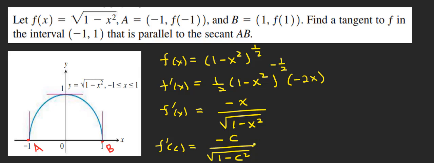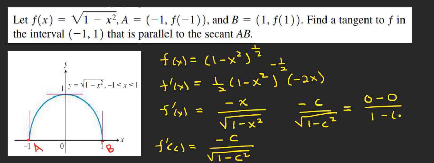And using the mean value theorem, negative c over radical 1 minus c squared is equal to f of b, which is going to be 0, minus f of a, which is also 0, over 1 minus negative 1, because our a was negative 1 and b was 1.